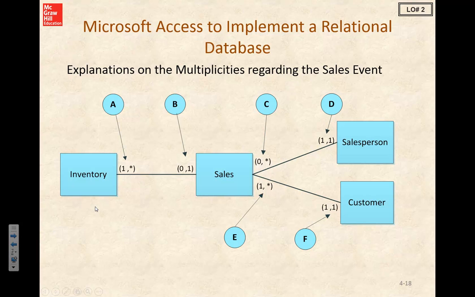Here we have our associations and our multiplicities. If we take a look at this first example, A, Steve's Styling Sunglasses may sell more than 1 pair of sunglasses to a customer at one time.